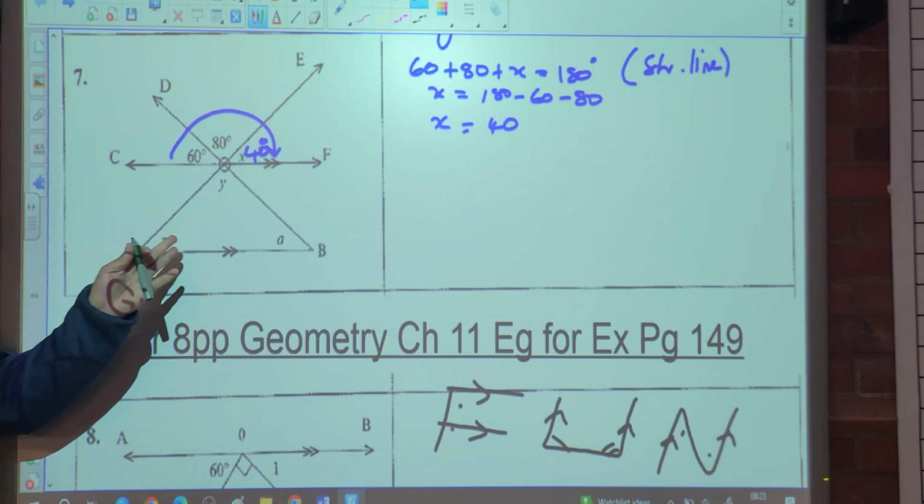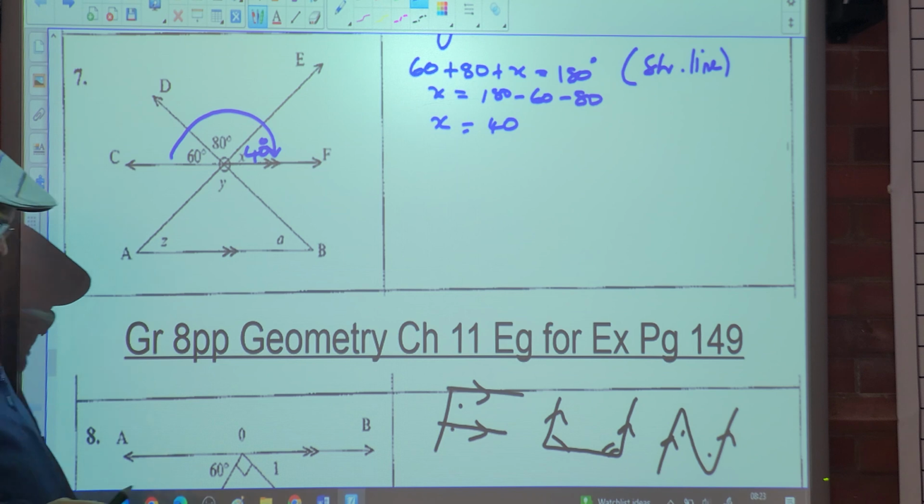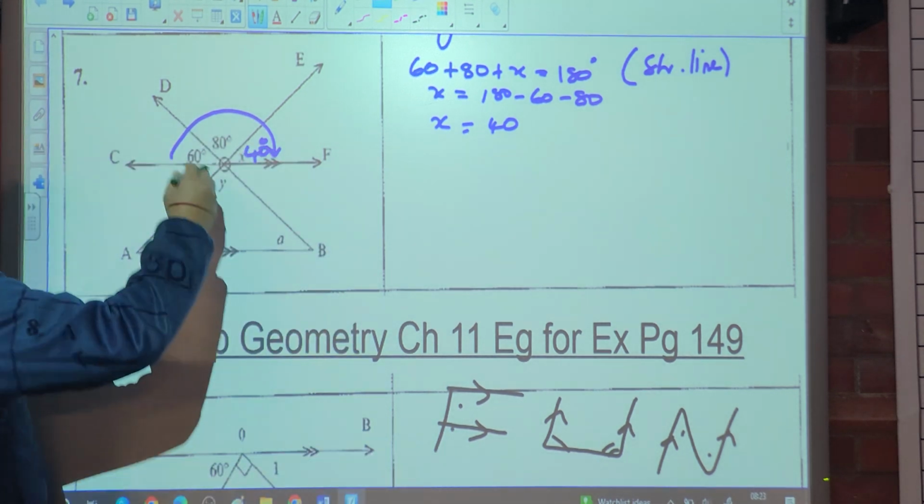You're going to calculate y first, okay? But there's a way of calculating a. Corresponding angle. You see here?